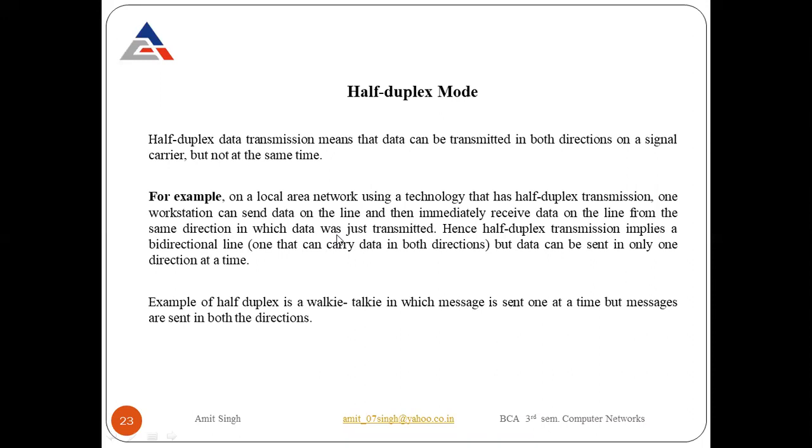An example of half duplex is the walkie talkie, in which a message is sent once at a time, but messages are not sent in both directions at the same time. You can send data, you can receive data, but you are not able to send and receive at the same time. Clear? This is all about half duplex.